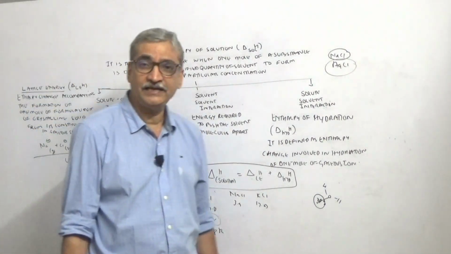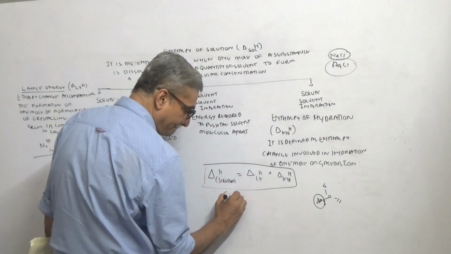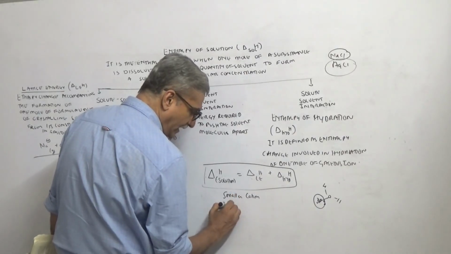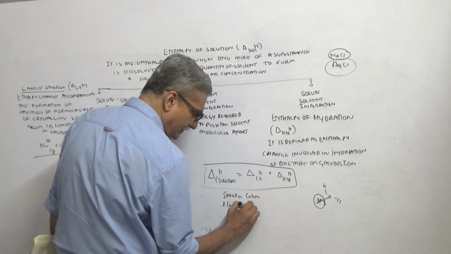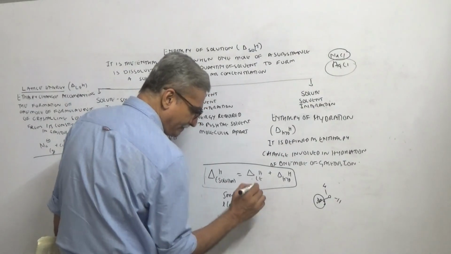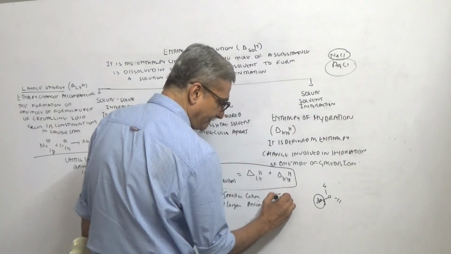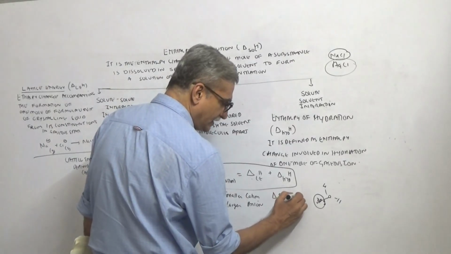So what can you say? With a smaller cation and a larger anion, the enthalpy of solution increases.